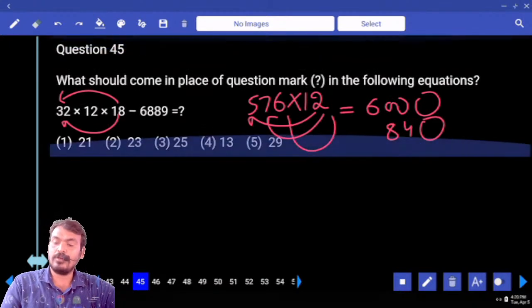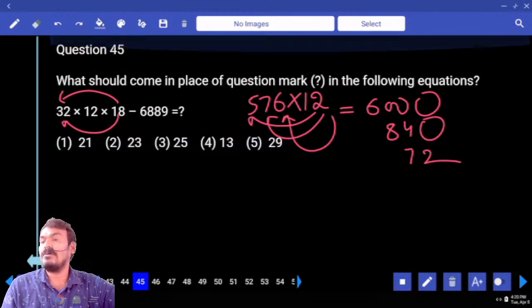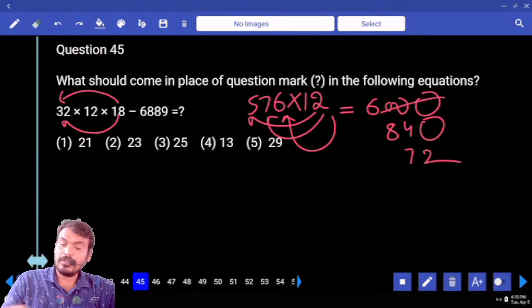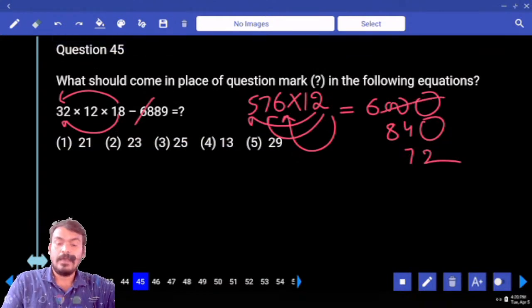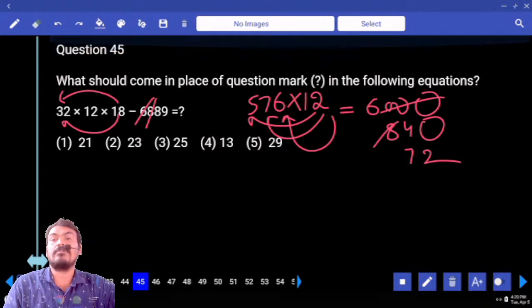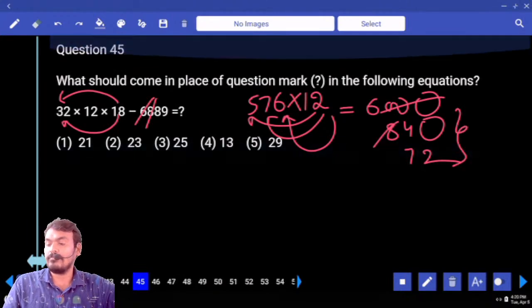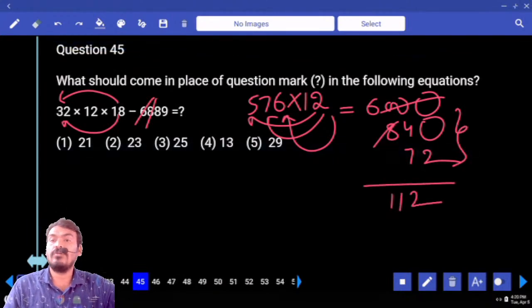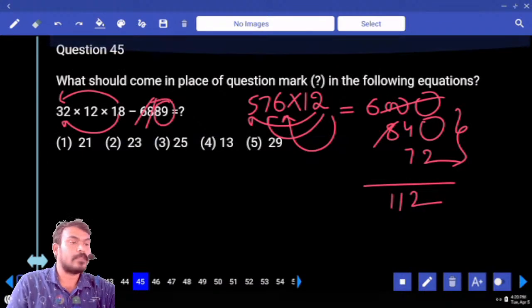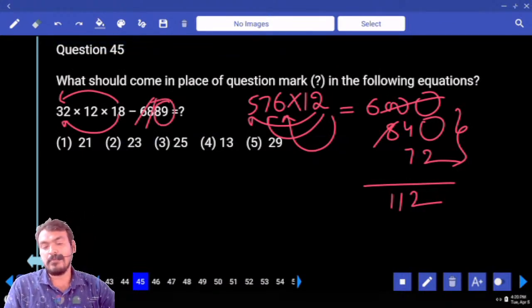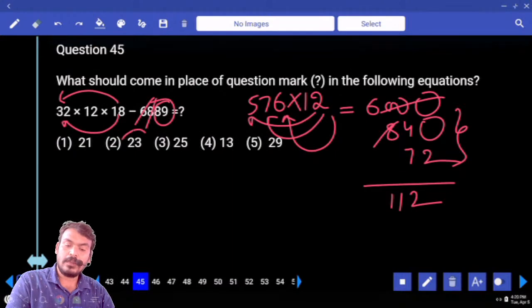Next 12 6s are how much? 72, or not? 6000 cancel, or not? 800 cancel, or not? 40 plus 72 is 112. Out of 112 we are subtracting 81. What is the remaining value? 23.